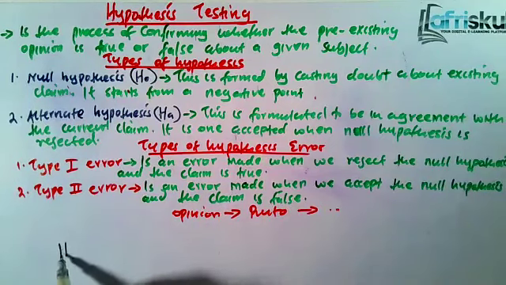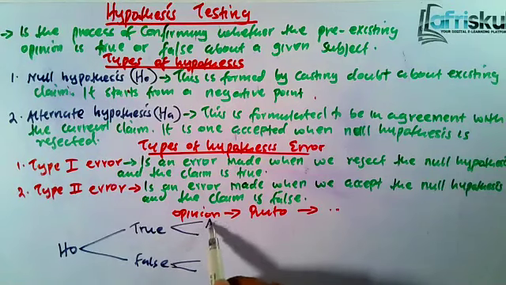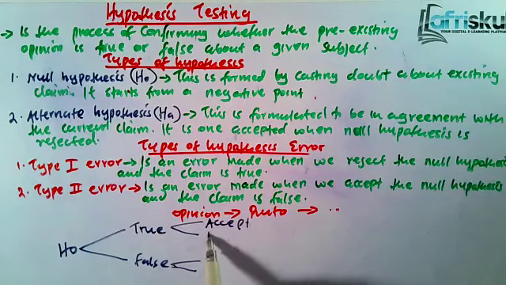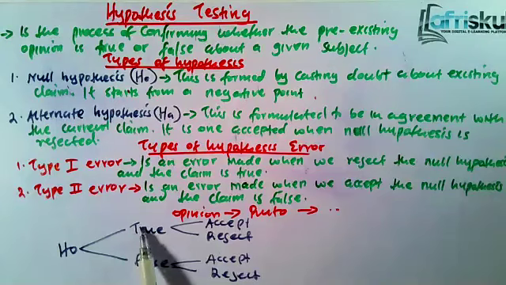Now, this is what I mean. Here you have the null hypothesis. The null hypothesis can either be true or it can also be false. When it's true or when it's false, you can either accept or reject. Now, when the null hypothesis is true, but you decide to reject, you see you are rejecting a true hypothesis.